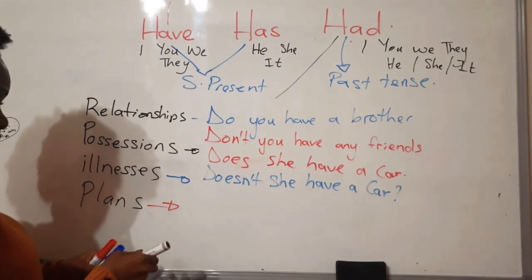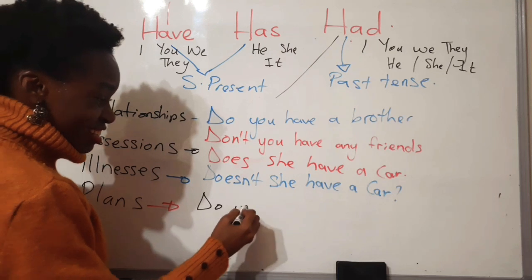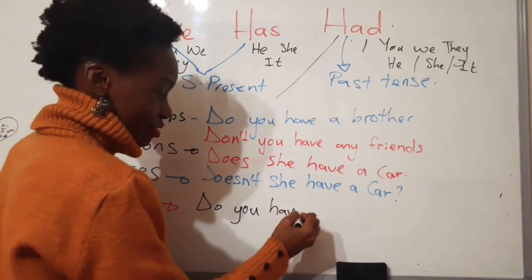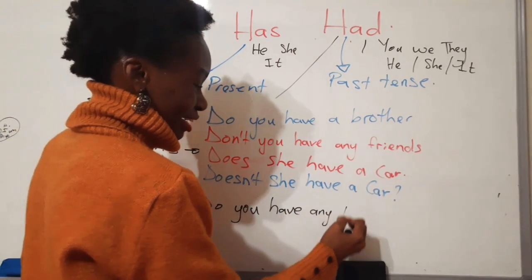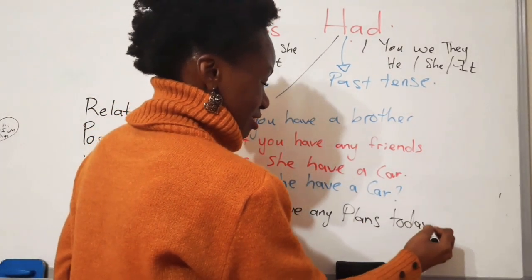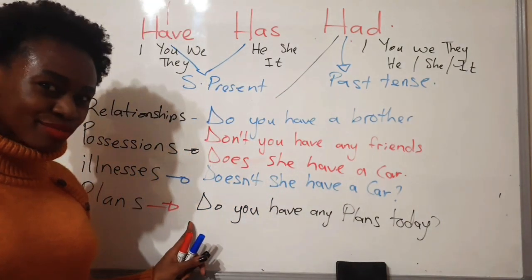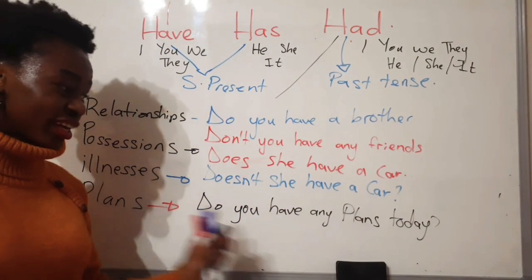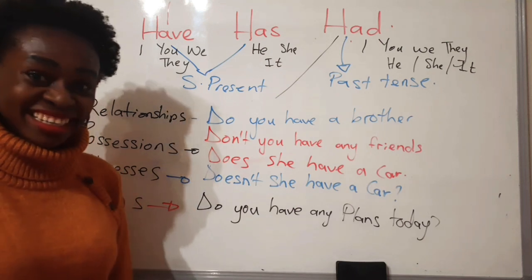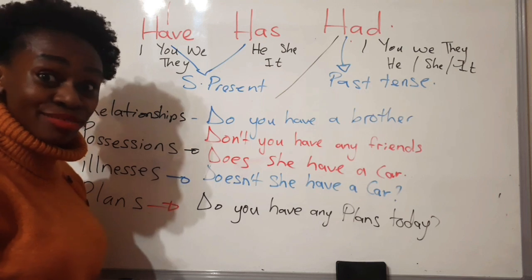Okay? And then for plans, you could ask, do you have any plans today? So you ask your friend, do you have any plans today? We can do something. And they say, no, I don't have any plans.